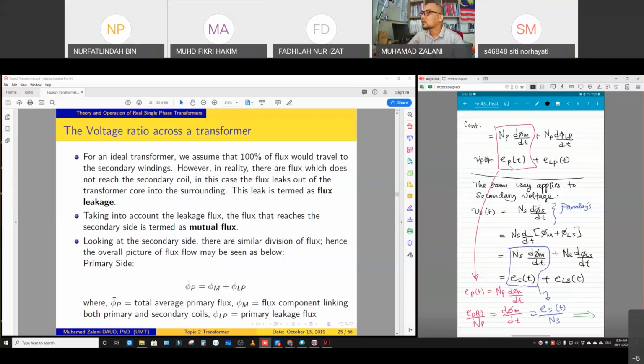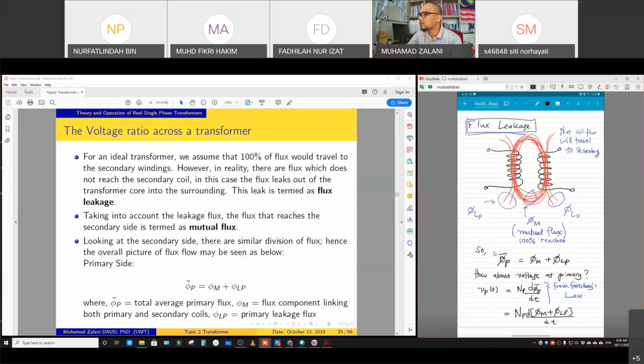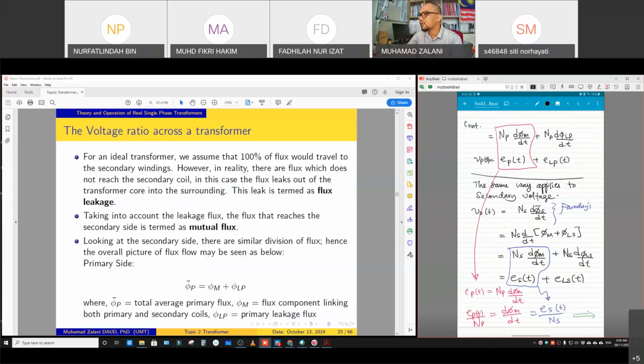This one refers to the potential that has been induced, which is the majority of the voltage, EP actually. Okay, so we do the same way for the secondary part using Faraday's law again. This is the average flux at the primary, which is phi m plus phi LP. For the average flux at the secondary, it is phi m plus phi LS. Still sharing the same mutual flux, but also added with the leakage flux at the secondary.